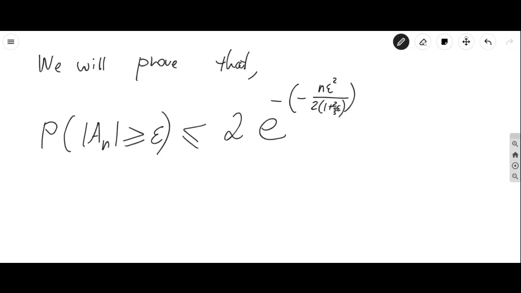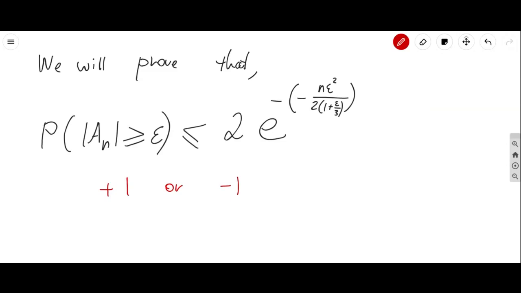No, it's just epsilon over 3. So this exponent is not as nice when your random variable is allowed to take plus 1 or minus 1. This is the way that we're doing it.